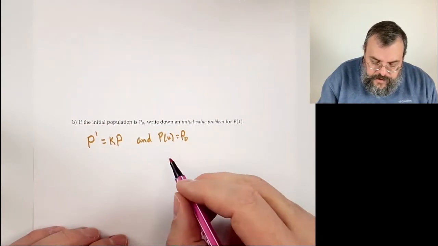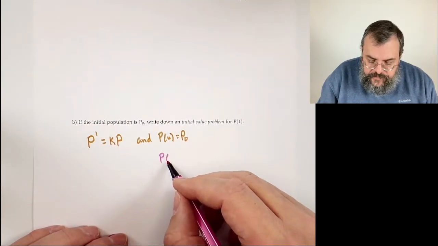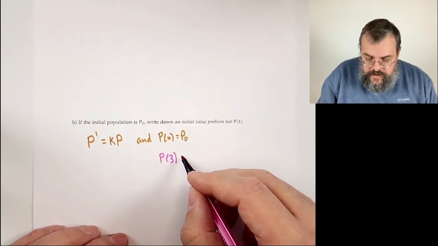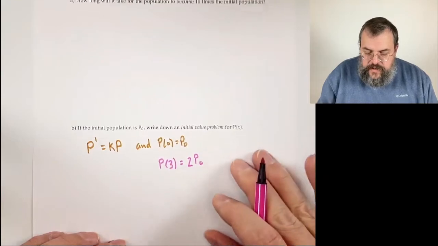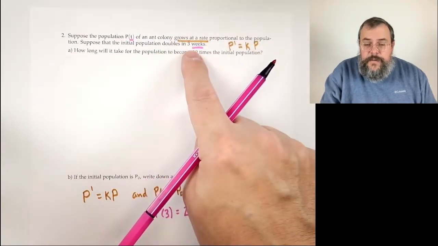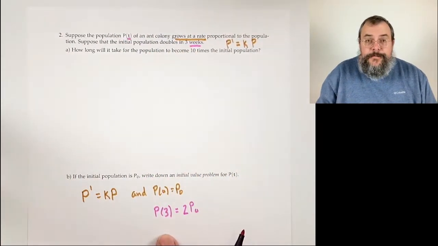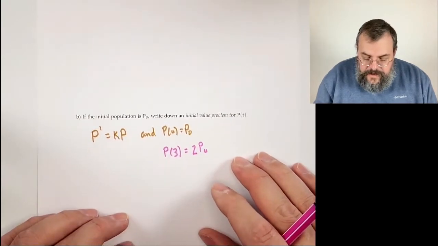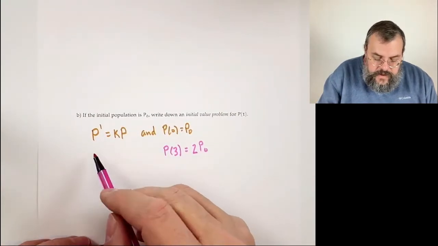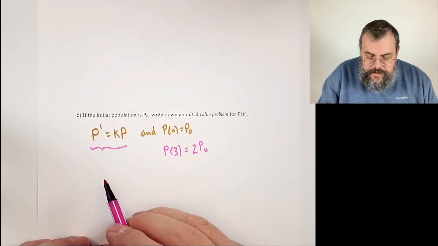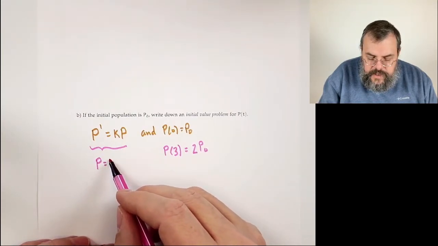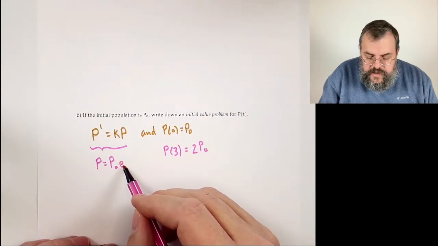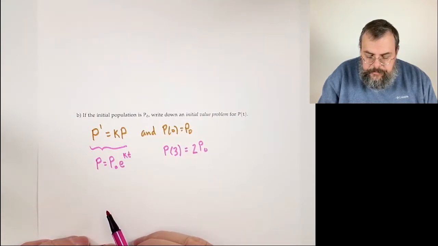So there's no problem with doing that. We were told that our population at time 3 weeks is double the initial population. So that's what it means to say our population doubled. We're doubled where we started. Okay, well, if you remember, P prime equals KP. This is one of our basic models, so we know that P looks like P0 e to the Kt.